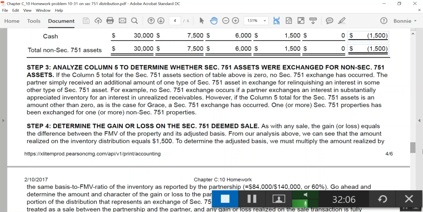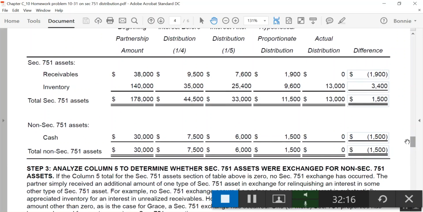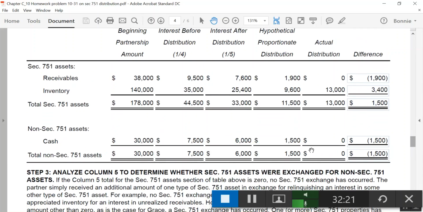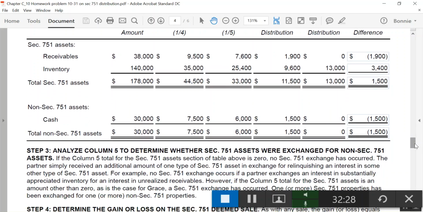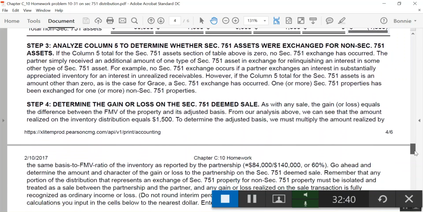Okay, so you look at the table above, and you can see that the amount that she realizes in her hypothetical proportionate distribution is $1,500. And actually, we see that in the difference column too, that she's realizing $1,500.